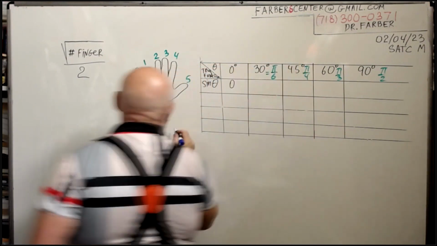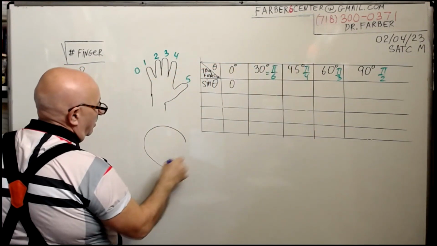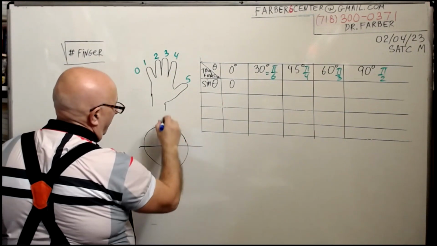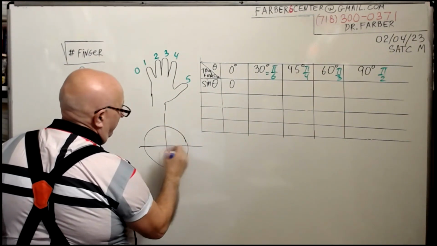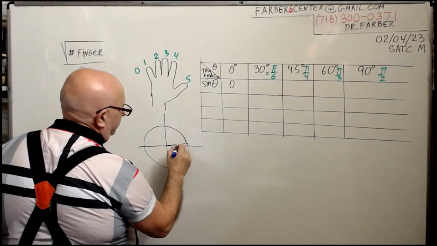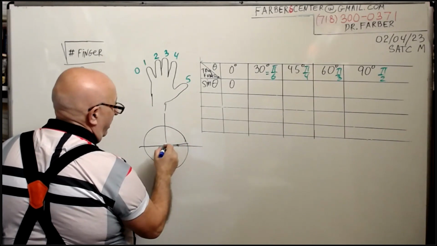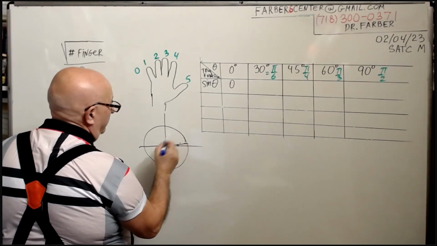If I illustrate the unit circle, and this theta is 0, its angle extremely small. And you see its projection to x-axis equals to 0.